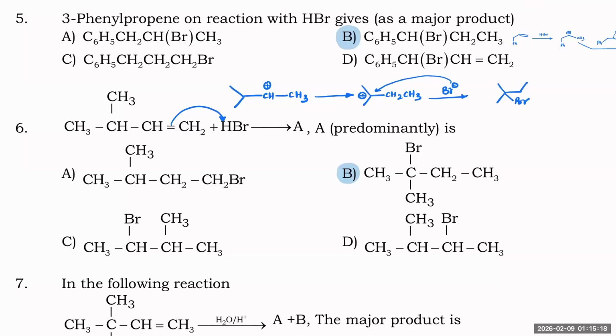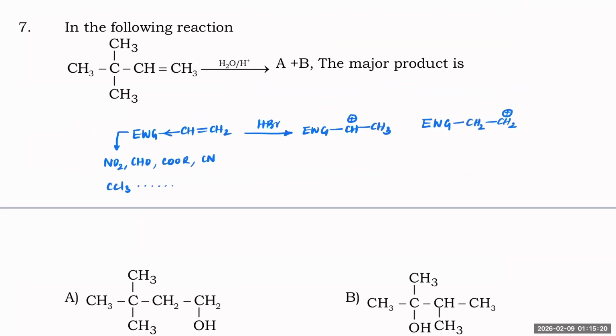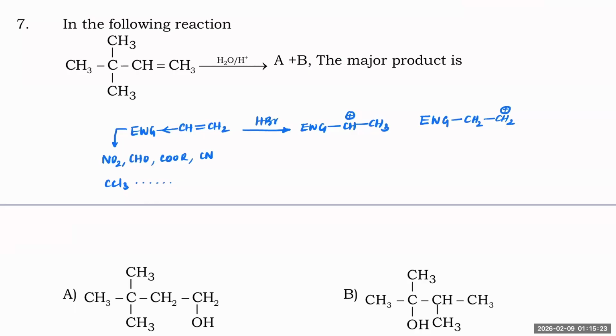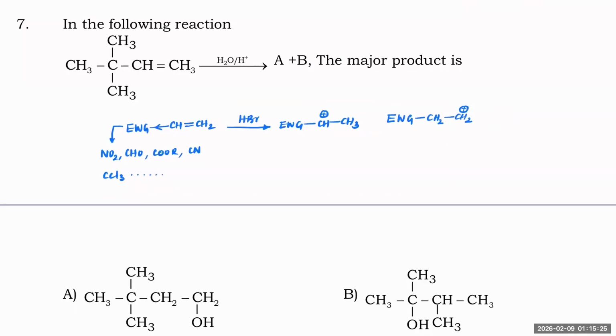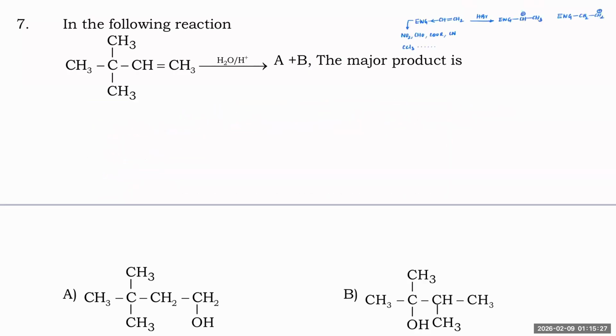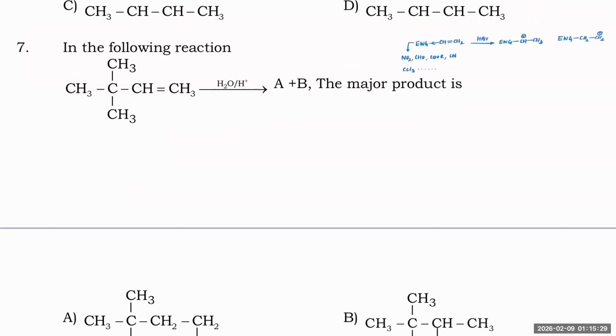Clear? Right. Seventh, in the following reaction, A plus B, the major product is, so first you will have a double bond here, H plus, you will get a positive charge here.